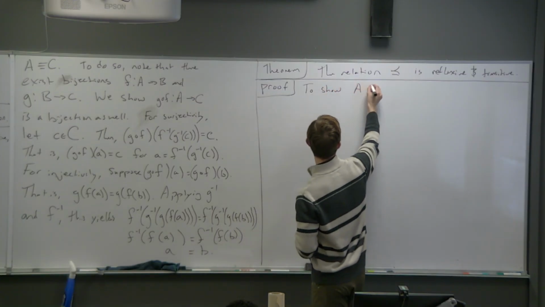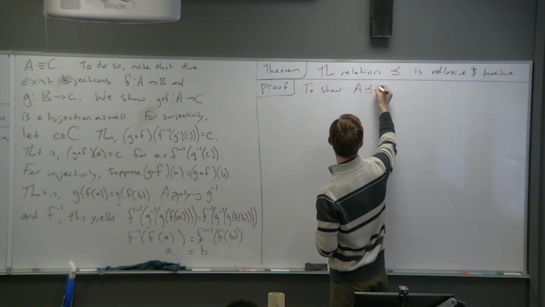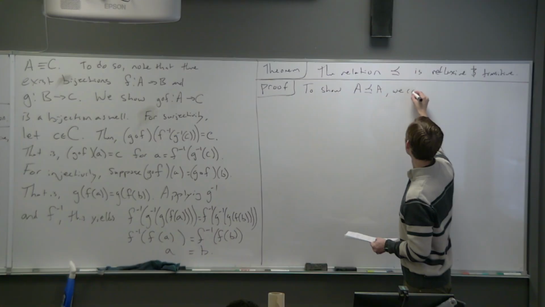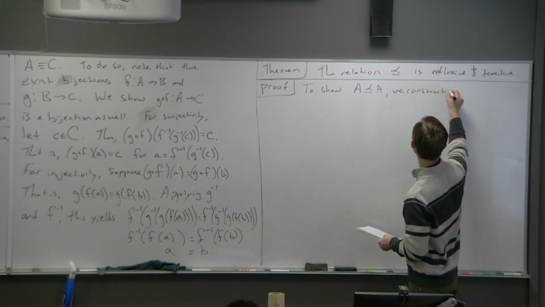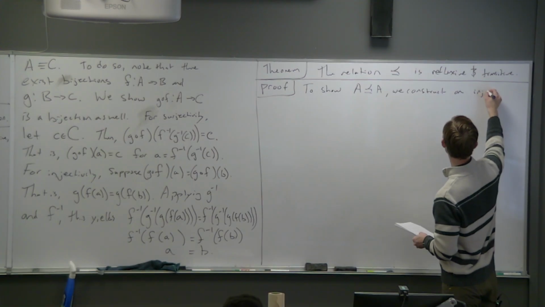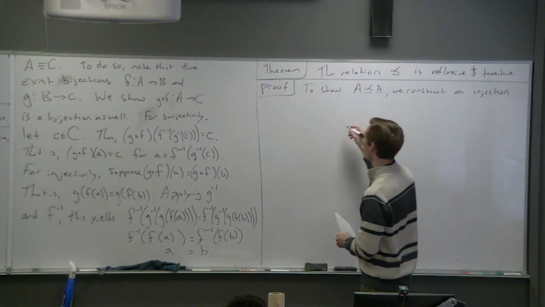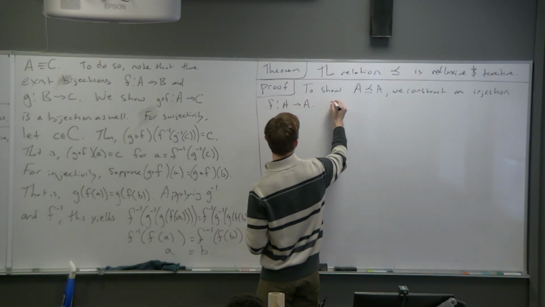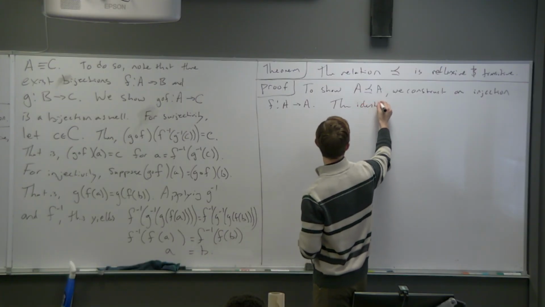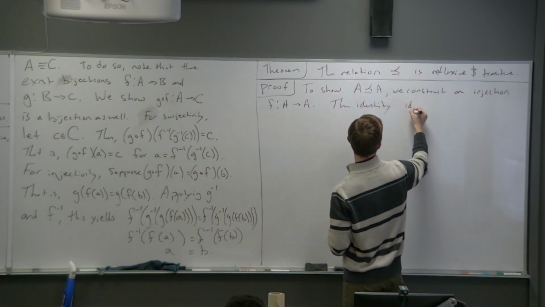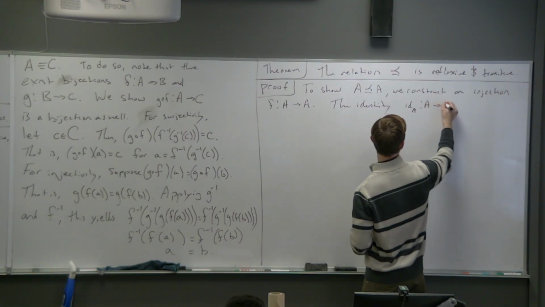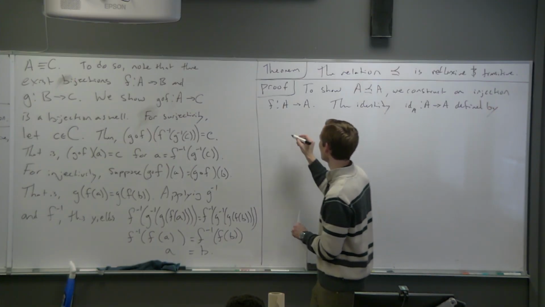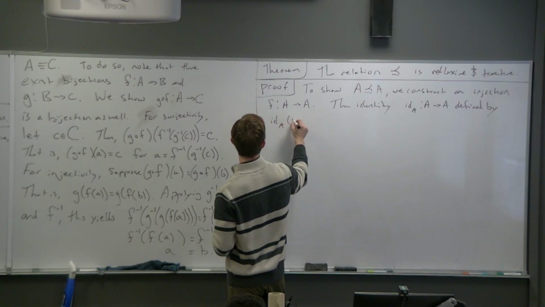To show that A is weird less than or equal to A, we construct an injection F from A to A. The identity, ID A from A to A, defined by, well, exactly the same as before.